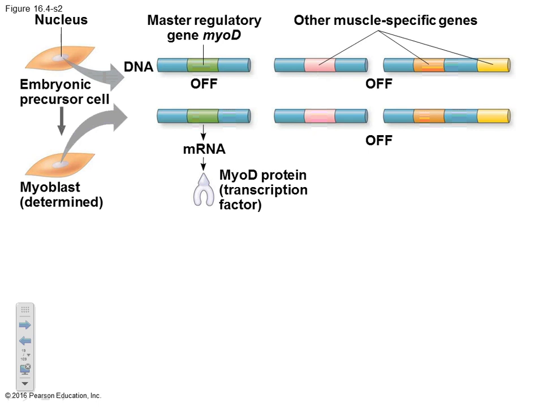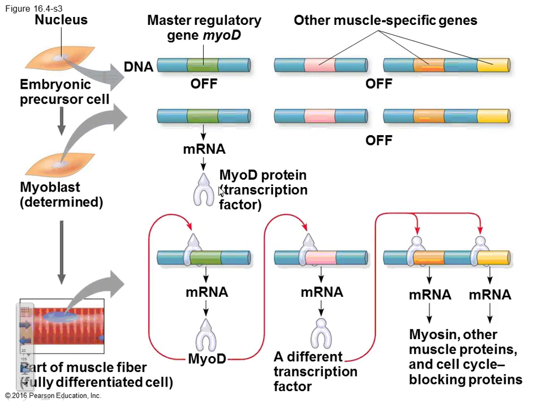So what happens is chemicals are going to turn on this master regulatory gene, MyoD. DNA gets copied to RNA, which gets copied into amino acids, essentially proteins. So now you've got this master protein that has been made. What it does is it will turn on all of the other muscle genes.